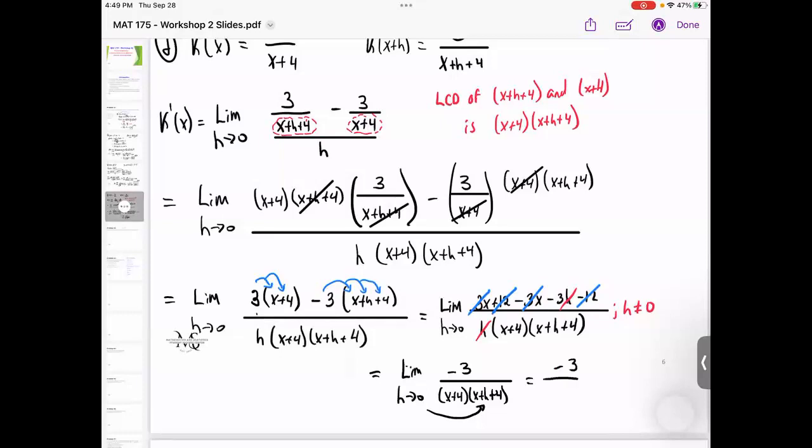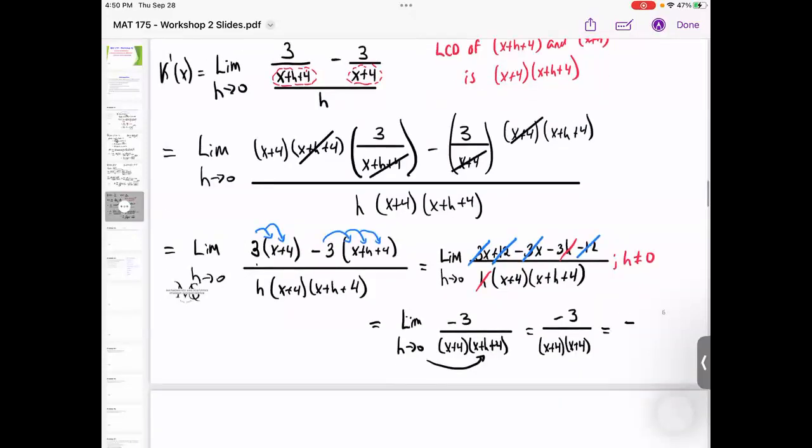We'll have negative 3 on top, x plus 4 times x plus 4 on the bottom. And how many copies of x plus 4 do we have? 2. But you can't say 2 times x plus 4, but rather x plus 4 squared. So you can rewrite your derivative as simply negative 3 over x plus 4 squared. That would be your derivative of k of x, k prime of x.